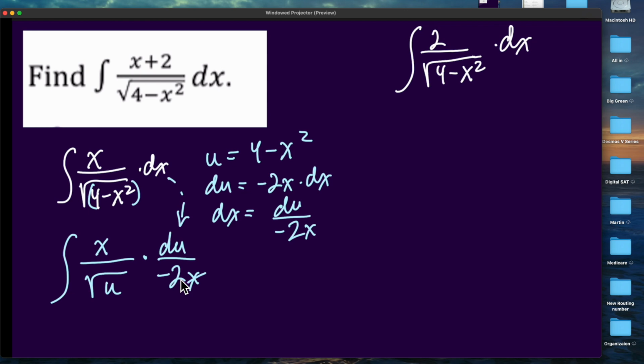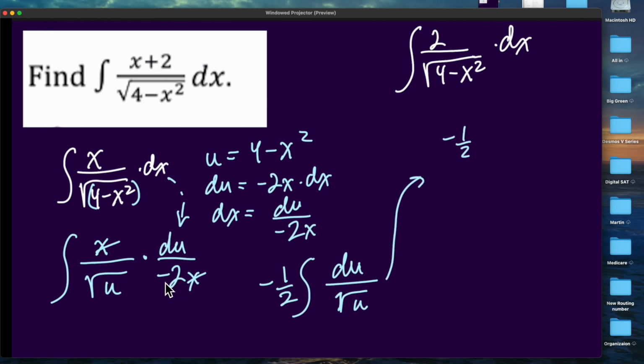We're going to cross out these x's, and we're going to have the integral of du with a negative 1/2 out front of the square root of u. We're going to change this to negative 1/2 times the integral of u to the negative 1/2 du. We're going to add 1 to the exponent and then divide by the new exponent.